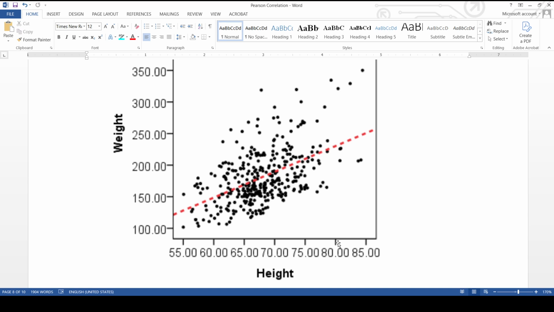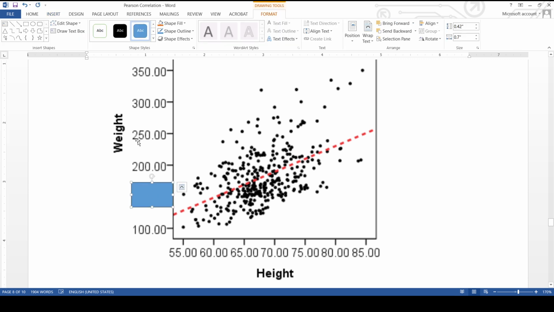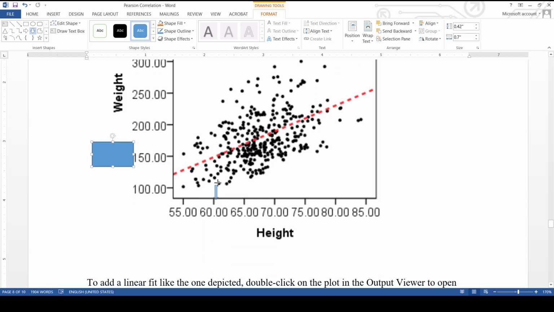Now, let's look at a weight of 150. When you want to put your dot, you trace it to the height. Maybe the height is around 60. So when we trace that 150 and look at the height, you have your dot, 150 with height 60.